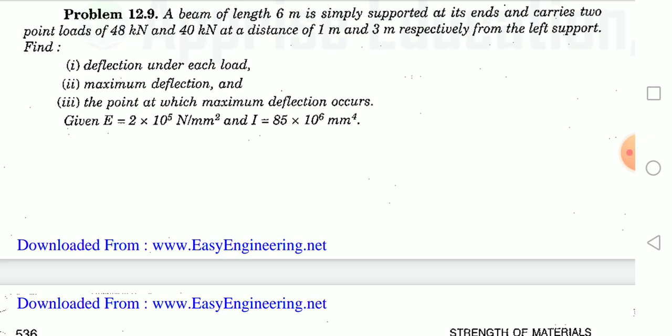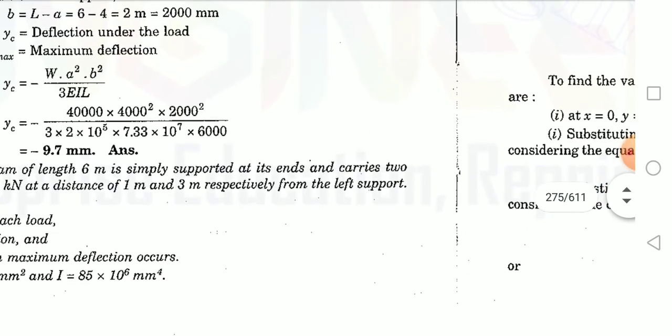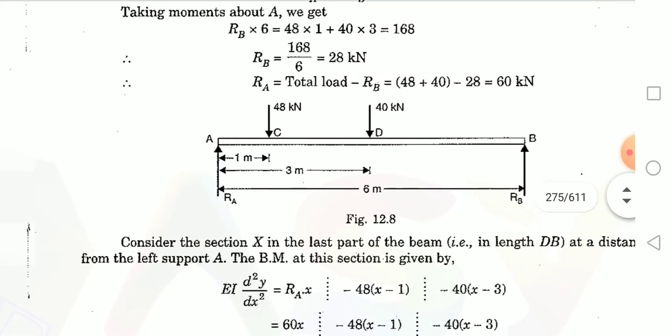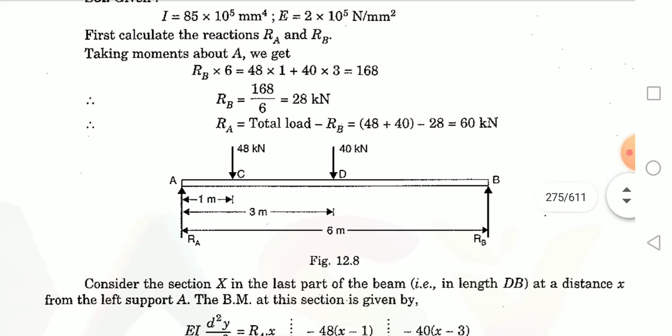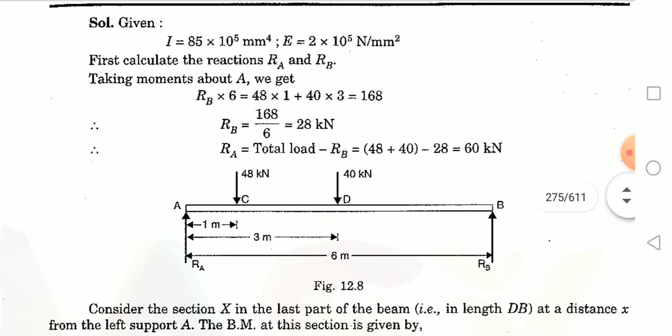So the given E is 2 into 10 power 5 Newton per millimeter squared and I equal to 85 into 10 power 6 millimeter power 4. So this problem has to be done by Macaulay's method.